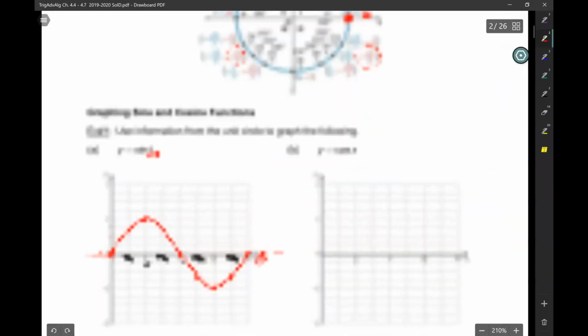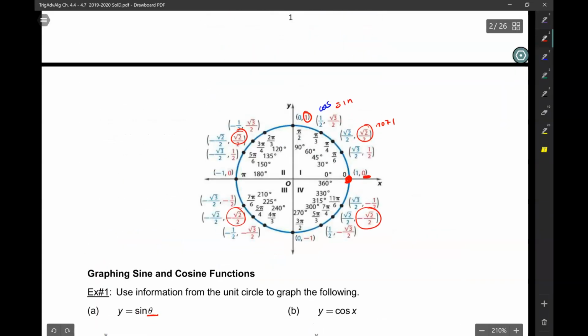Okay, so now a few things here. Look at all of the values that we always got here, right? We always got a value of 0, 1/2, root 2 over 2, root 3 over 2, or 1. So the lowest number that we always went to was negative 1. The highest number we ever got was 1.